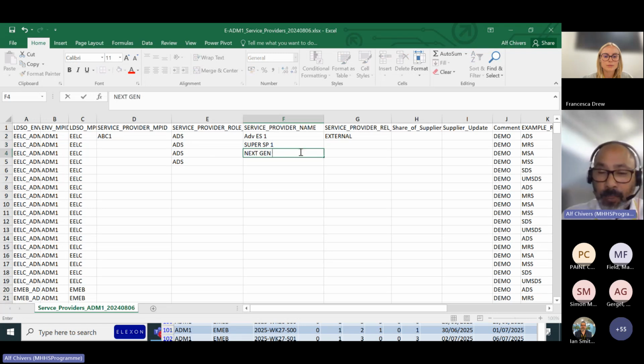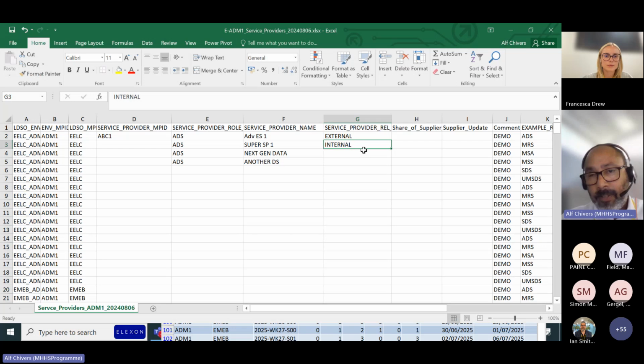I might be making up a real name, so apologies if I am. Data and something like another DS, right? And one of these could be the internal one, so the in-house agent or service provider within that, and that's how you would flag that.